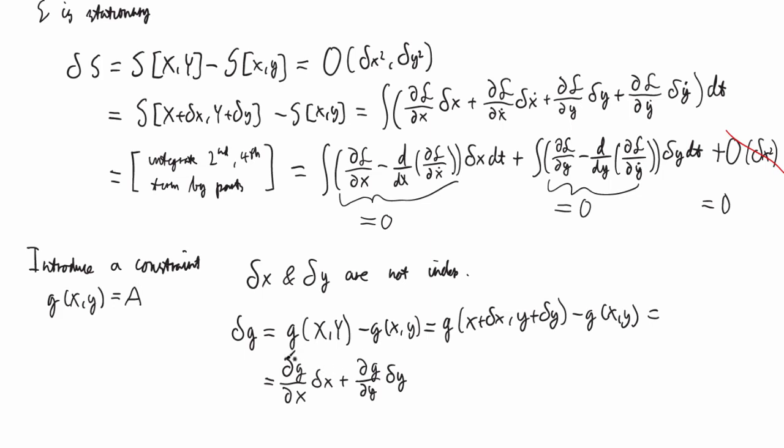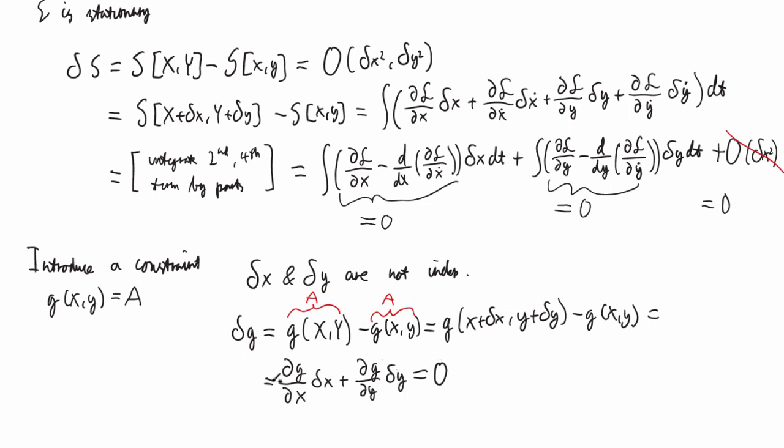But now, because delta x and delta y have to satisfy the constraint, both this function here is equal to a, and that function too is equal to a. It doesn't matter which path we're following, we are obeying the constraint. Since we are obeying the constraint, then this is equal to 0.